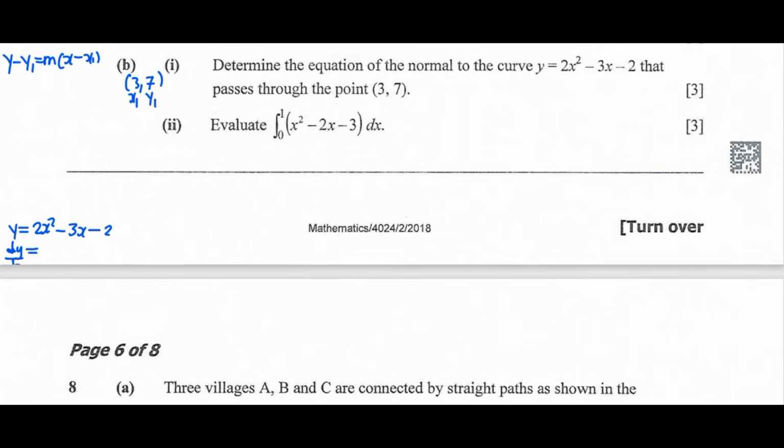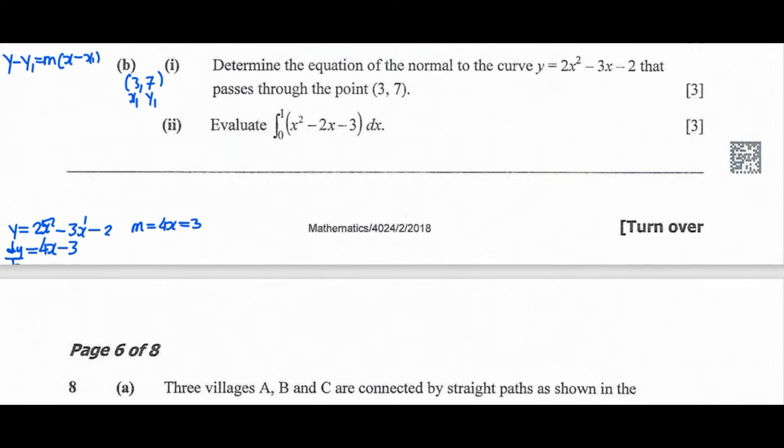So the 2 comes down: 2 times 2 gives us 4x, minus the derivative of 3x. The derivative of a letter raised to the power 1 is just 1, so we have 3. Then the derivative of a constant is just 0. So the gradient is equal to 4x minus 3.